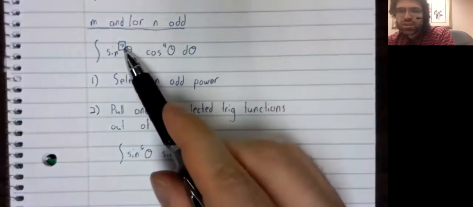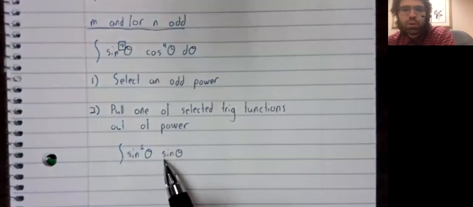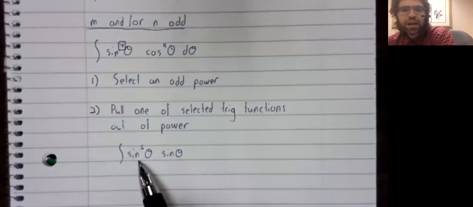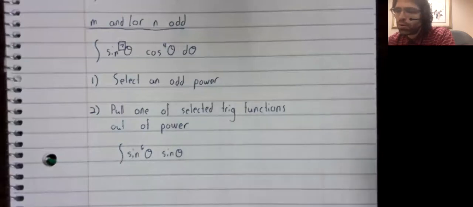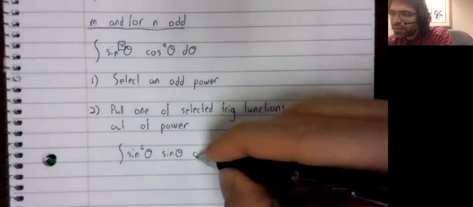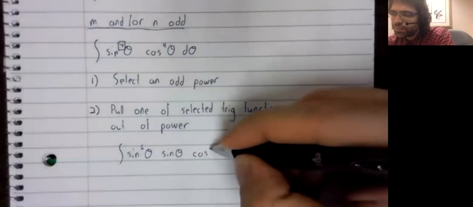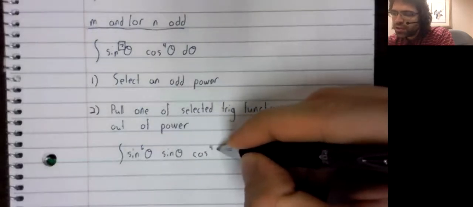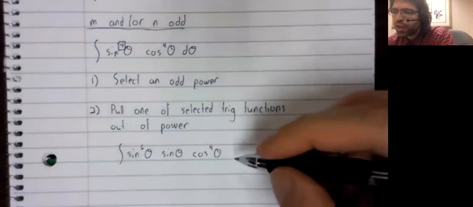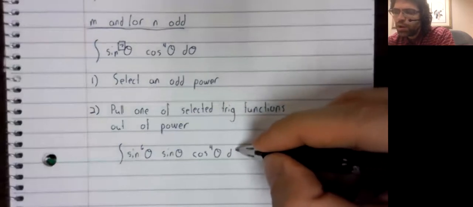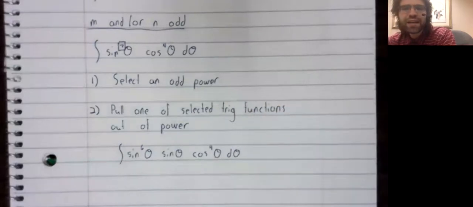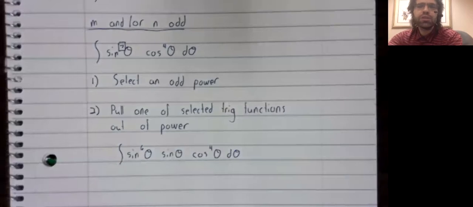We take this seventh power and we pull one of the sines out so that we have a sixth power remaining. And this other trig function, the one we didn't select, we're not going to do anything with right now.